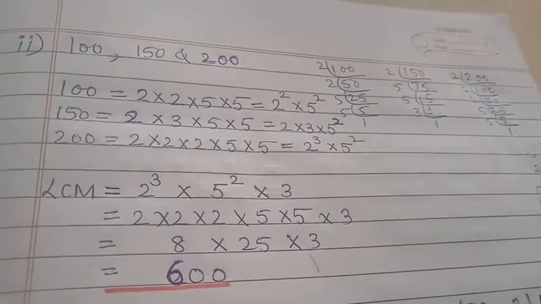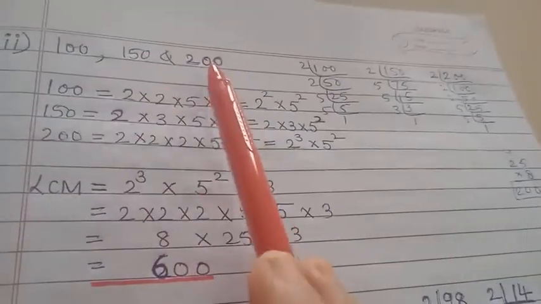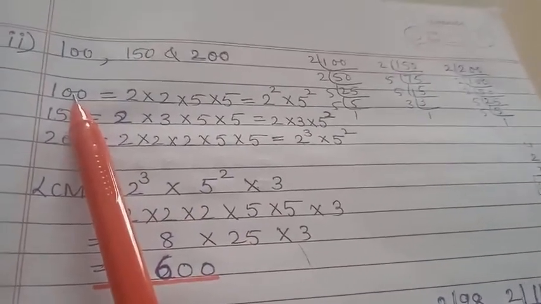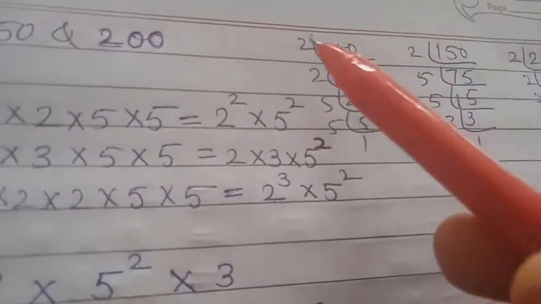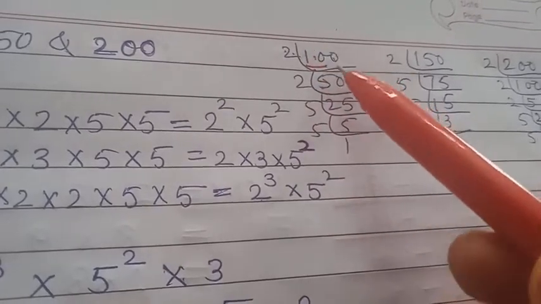Same way we have to do this also: 100, 150 and 200. So you have to do the prime factorization. You can see 100. 2 5s are 10 and this 0.